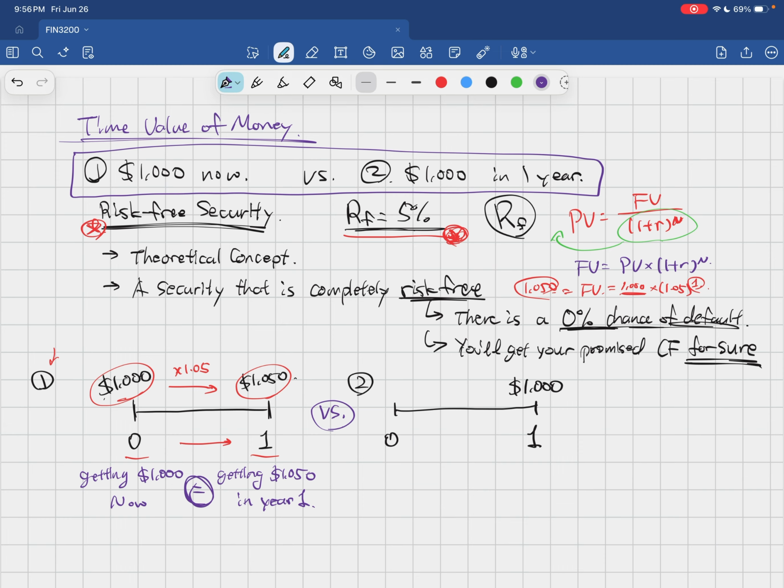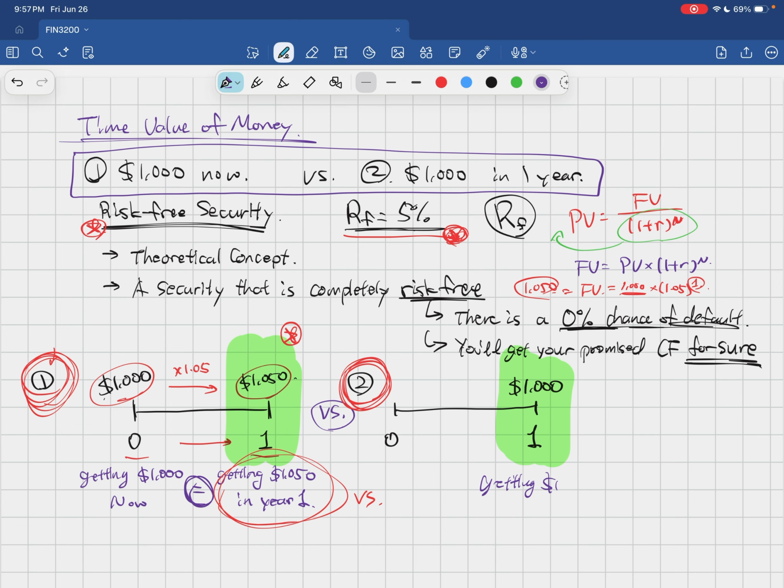So now we can just focus on this part and this part to make an objective decision. Based on these numbers, now it's really clear, right? The choice between option 1 and option 2 becomes getting 1050 in year 1 versus getting $1,000 in year 1.